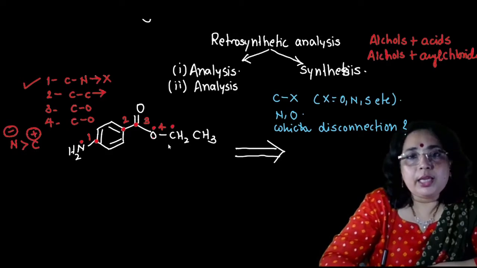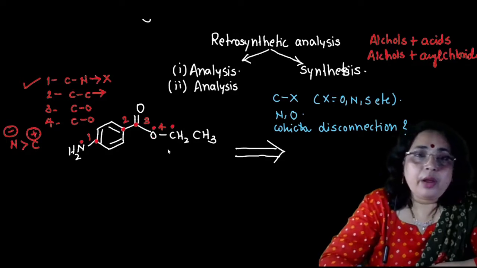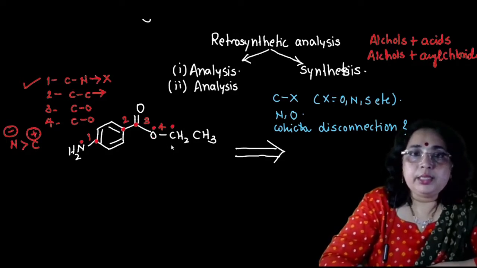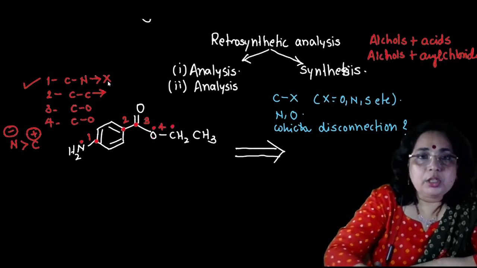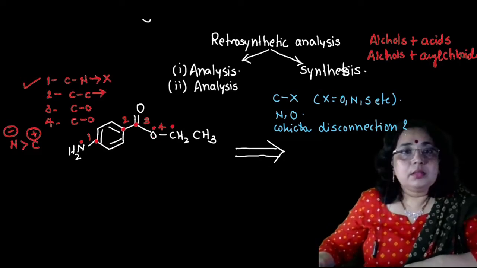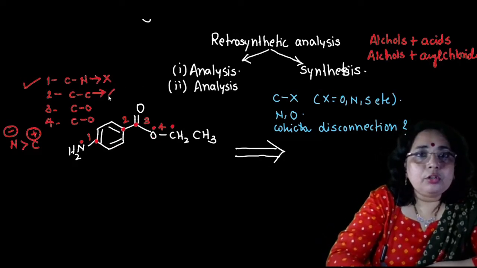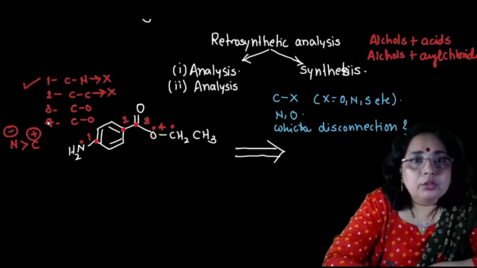So with the ester again we have to cut the molecule and simplify it in the second step. So this disconnection will not work over here, and I am going to discard it. Now let us focus on the third and the fourth disconnection.